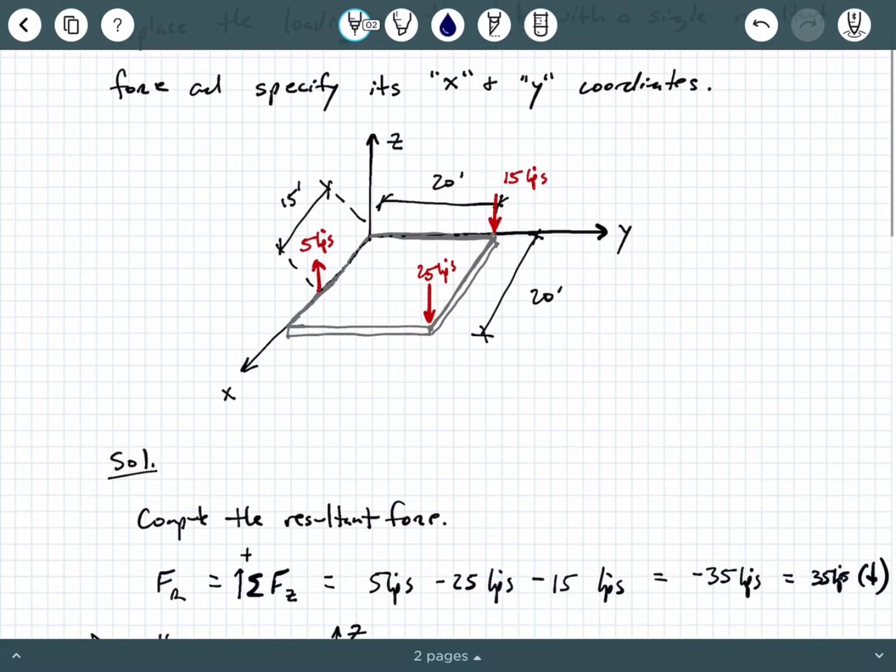Now, what would that physically mean? If you look at how this slab is arranged, what that implies is that your compressive forces pressing down on the slab are on this edge, and then you have an upward force on the opposite edge that is tending to make this slab want to uplift and rotate over.